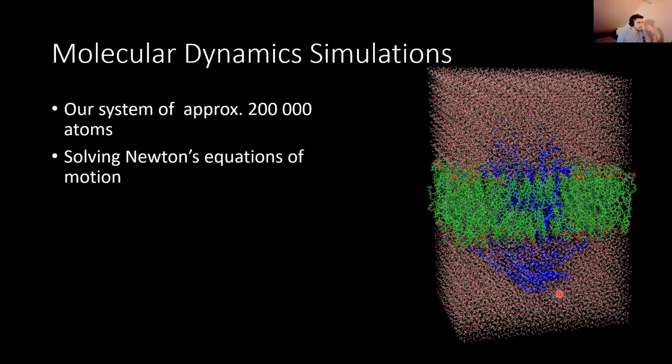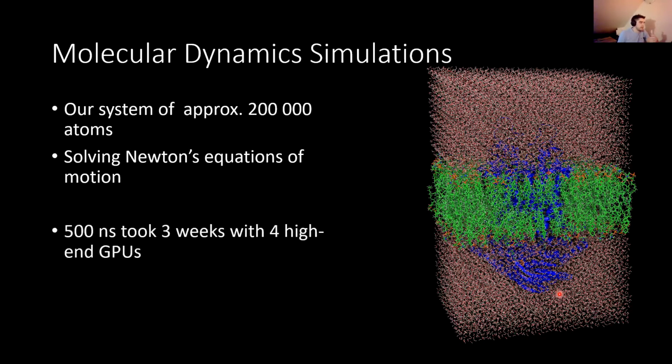So here you can see one of our simulation systems, which contains some water, the extra and intracellular space, separated by the membrane in green, and you can barely see our protein in blue. This system consists of about 200,000 atoms, and the computer solves Newton's equations of motion. But it takes a lot of time because of the many atoms and the many interactions.